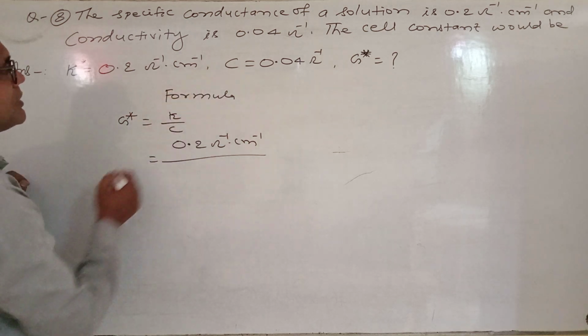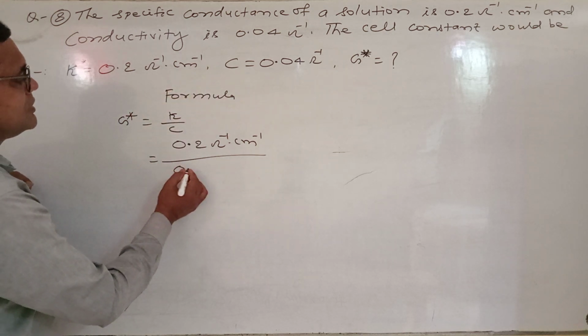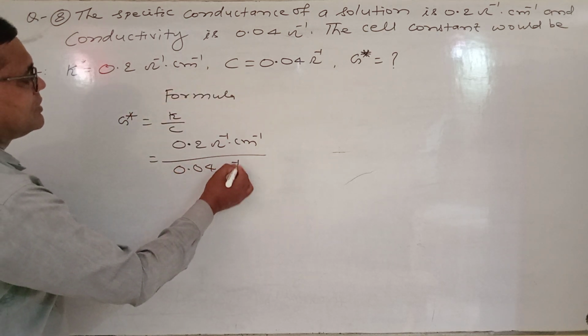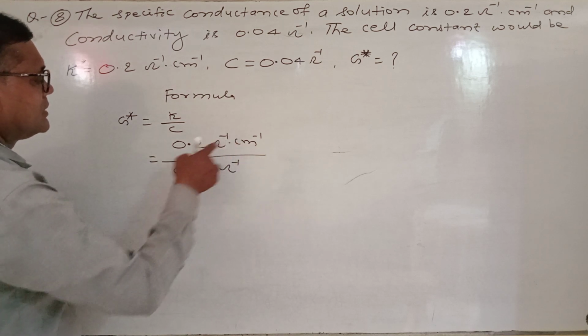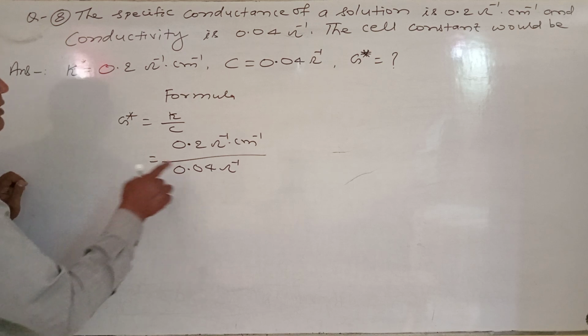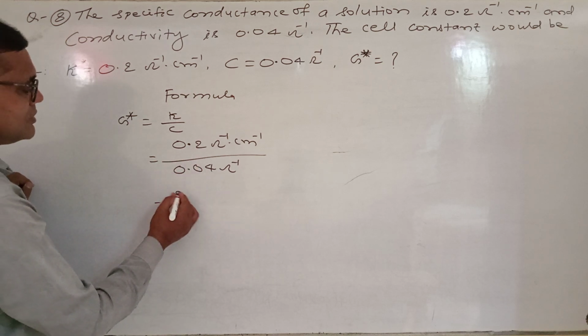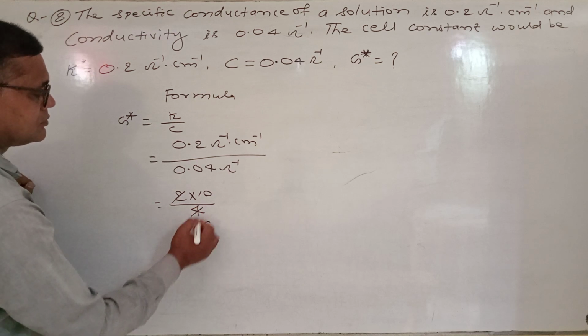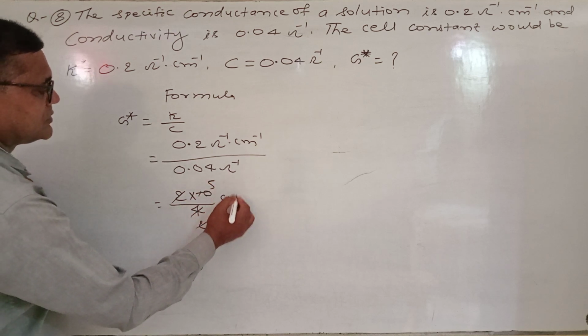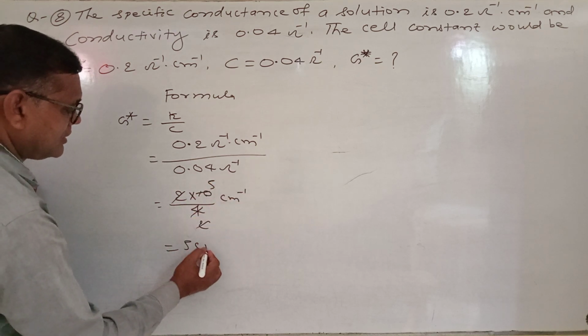The value of conductivity is equal to 0.04 ohm inverse. These are cut out. Cm inverse rest. We remove decimal point. Answer will be 5 cm.